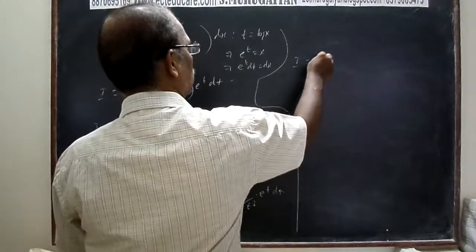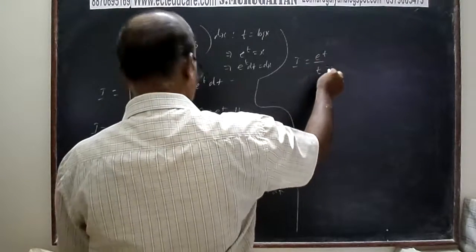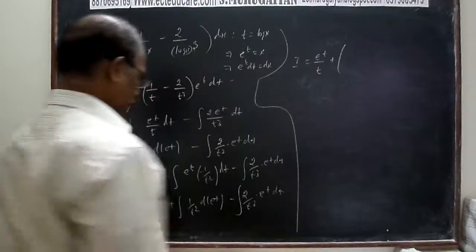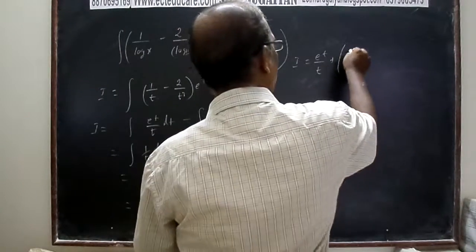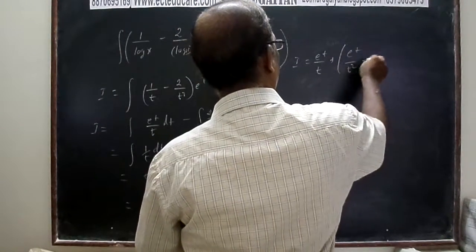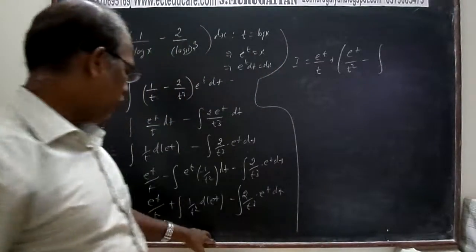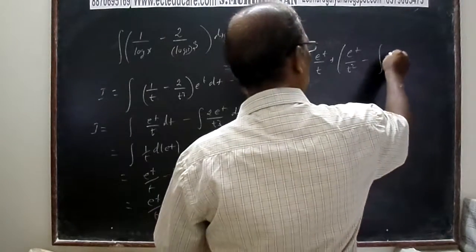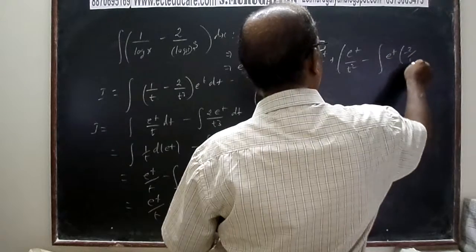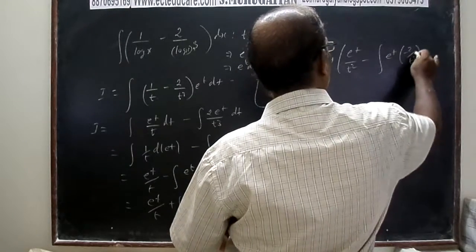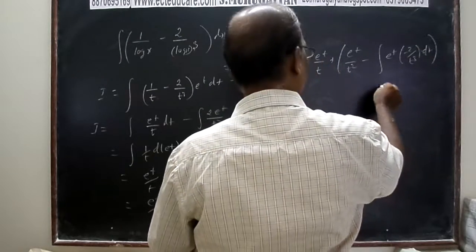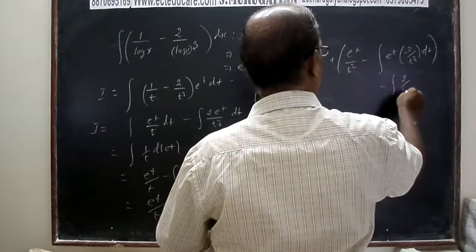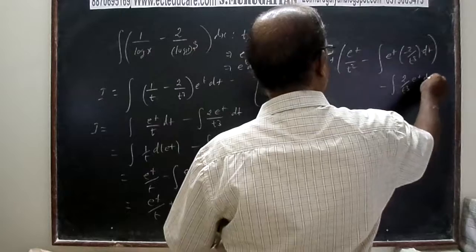Then I equals e power t by t plus, applying by parts in the second term, u into v: e power t by t square minus integral of e power t times minus 2 by t cube dt, and minus integral of 2 by t cube e power t dt.